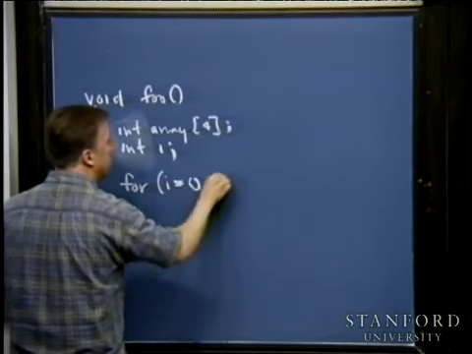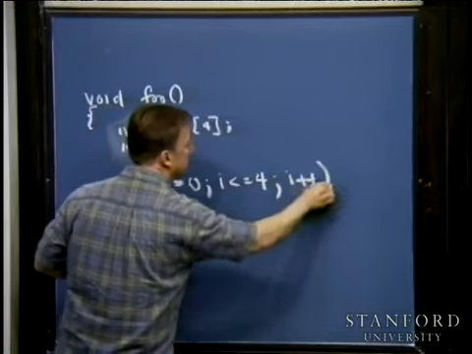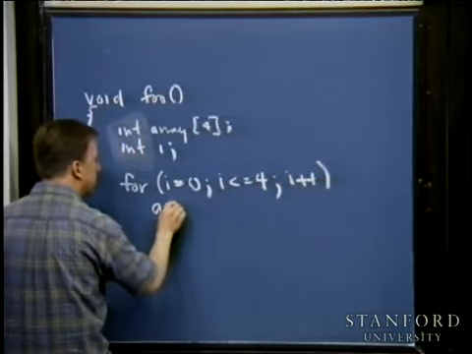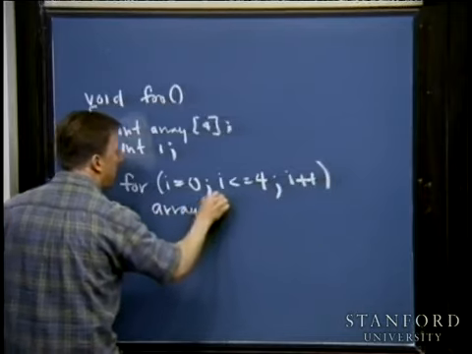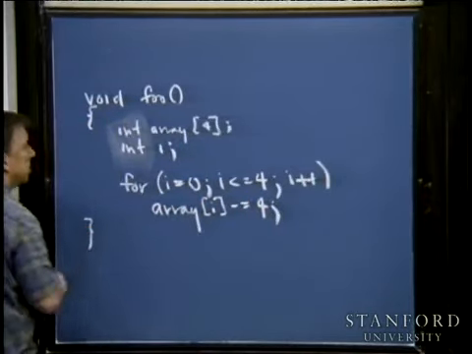I don't care that the array hasn't been initialized. I want to go ahead and do this right here. Okay, and then just return.